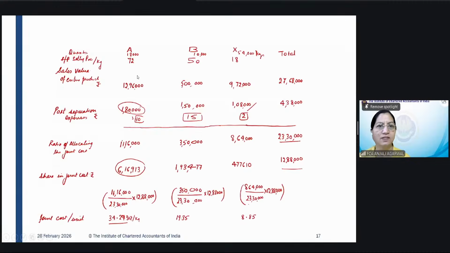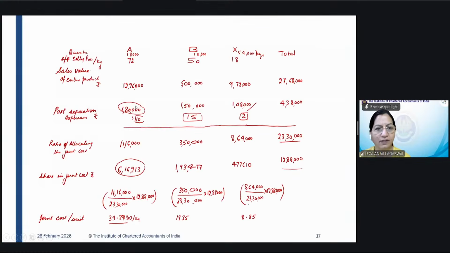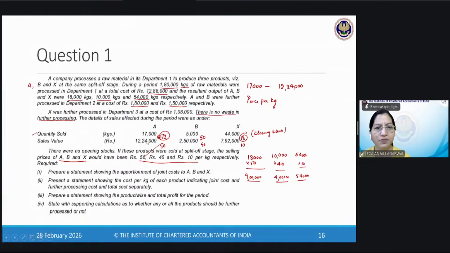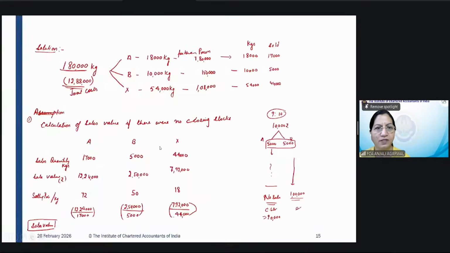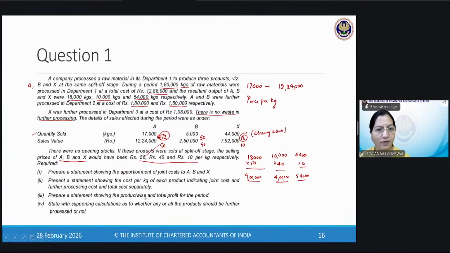So from this sales value, now what will you do? This is the cost of 18,000 kgs minus closing stock of 1,000 kgs proportionate, and then the cost of 17,000 kgs and sales value 12,24,000. You will not take the sales value as 1296 but 1224. When you're calculating, the profit is to be calculated on units sold.